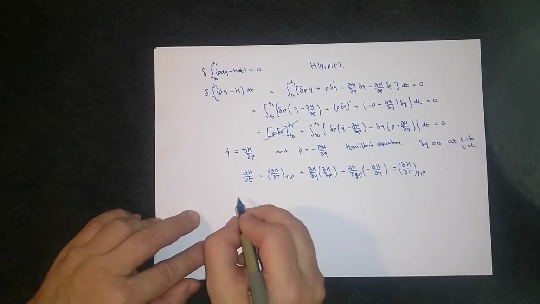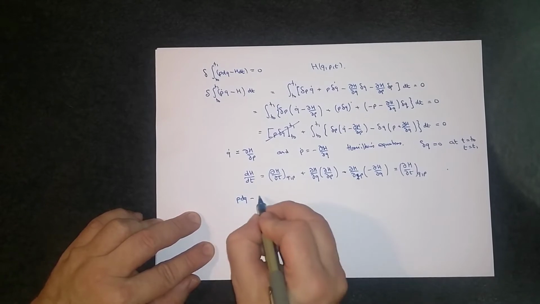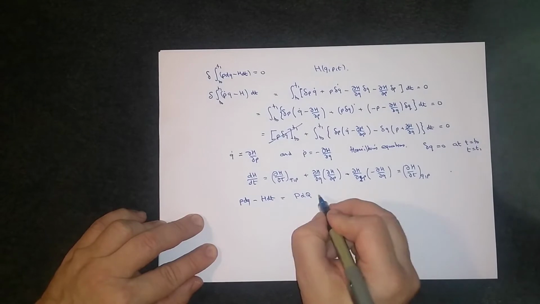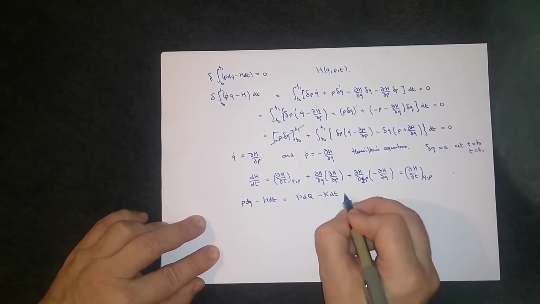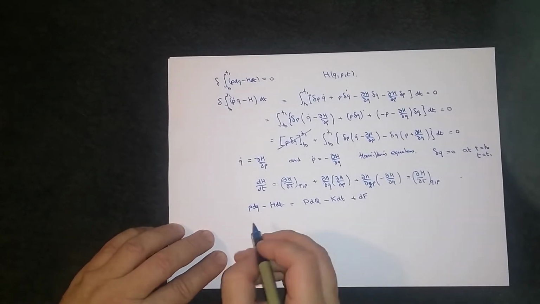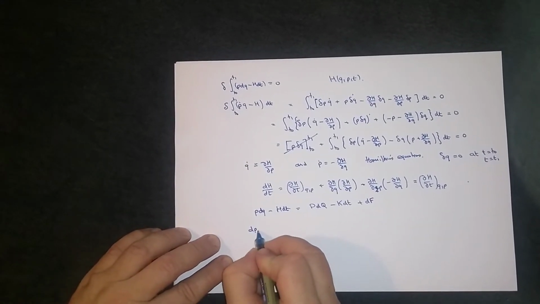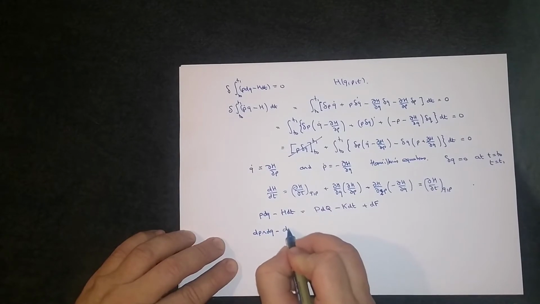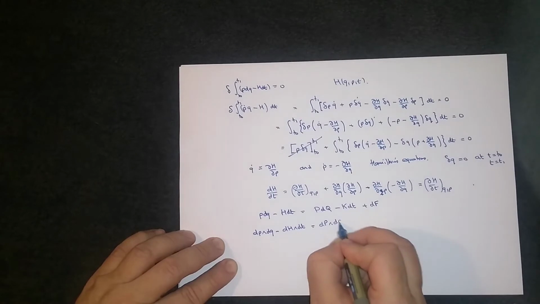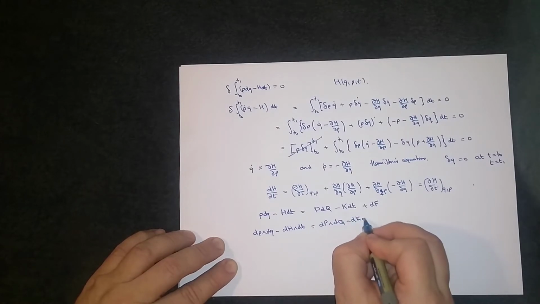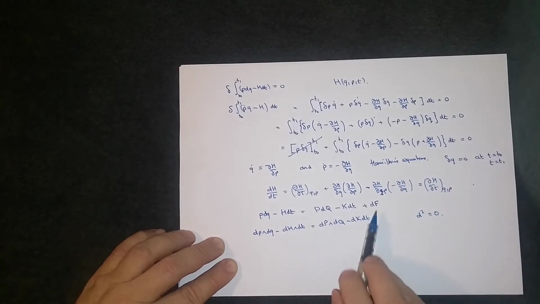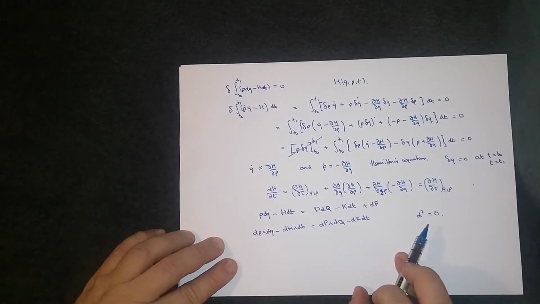Now suppose we have p dq minus h dt is capital P d capital Q minus capital K dt plus df. We can notice that if we take the exterior derivative, we end up with this quantity here, and here we end up dp d capital Q minus dk dt, and we're using the fact that d squared equals 0, so the last term does not make any contribution.